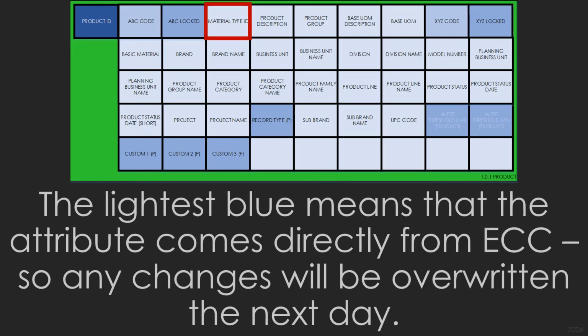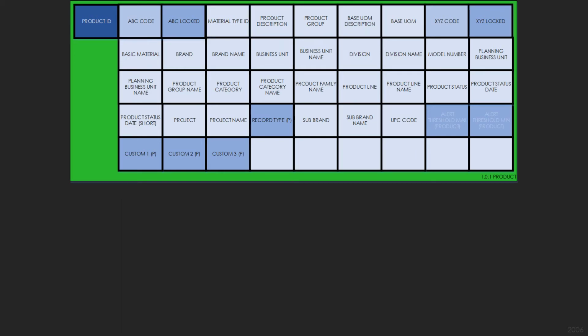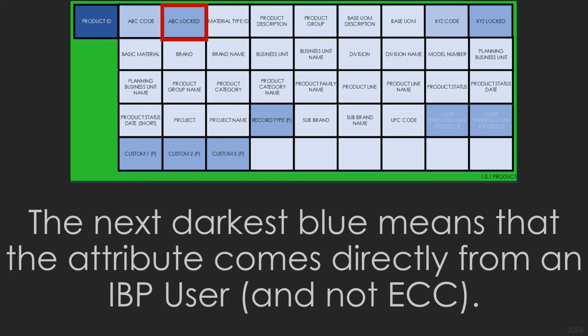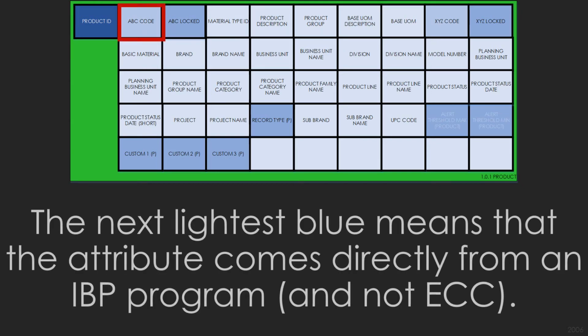The lightest blue means that the attribute comes directly from ECC, so any changes will be overwritten the next day. The next darkest blue means that the attribute comes directly from an IBP user and not ECC. The next lightest blue means that the attribute comes directly from an IBP program and not ECC.